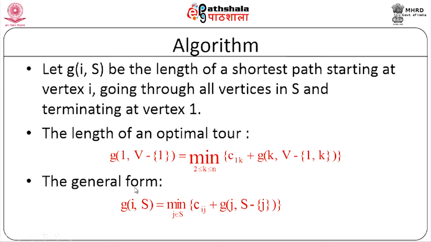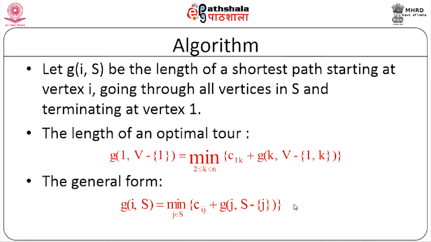So, what is the general form? The general form is going to be g of I comma S, which is going to be the minimum of c of I comma j, which is going to be the weight, plus g of j comma S minus j. This is what the general form of this particular algorithm is all about. So, you can see exactly what is happening now.